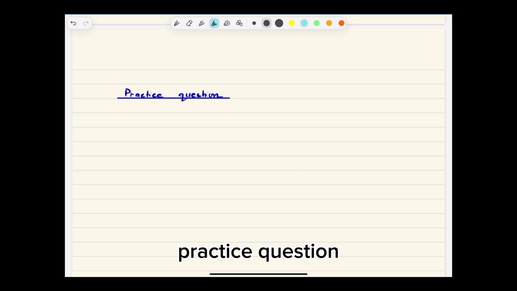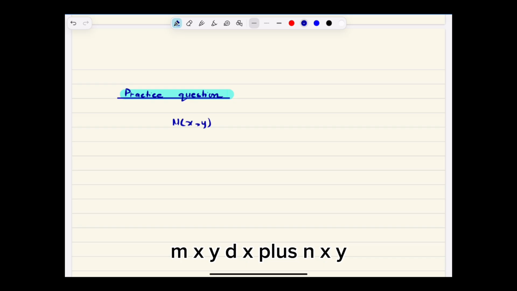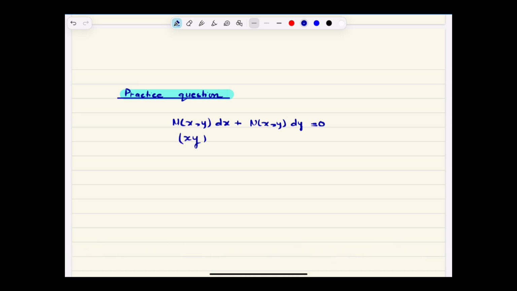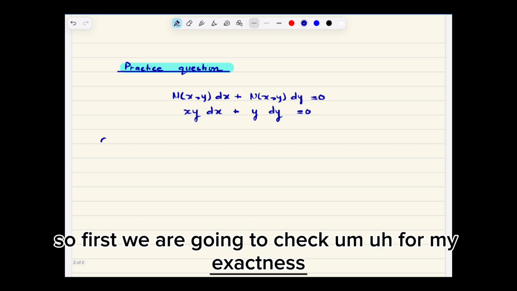Okay, practice question. Suppose we have the following: M(x,y) dx plus N(x,y) dy is equal to 0, with M(x,y) being xy, so xy dx plus y dy is equal to 0. First we're going to check for exactness.